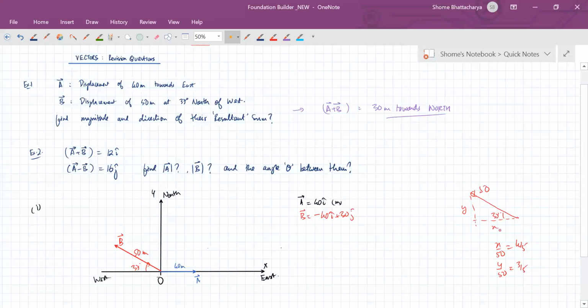So from that you can see that this will be 40 and this will be 30. Okay, so directionally you see it's along the negative x-axis and positive y-axis. So now once you got this, now you can see A plus B is very simple. It is 40 minus 40, that is 0 i cap, plus 30 j cap, and in our system j cap is the direction towards north. So it was an extremely easy question for you to work out.